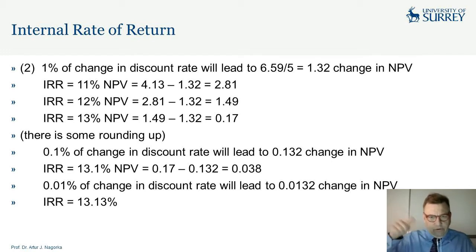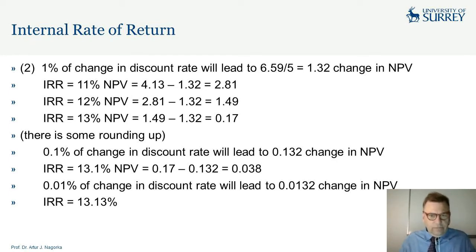From 0.17, we subtract the corresponding 0.132, which leads us to 0.038 of positive NPV. Now we could be even more proper, because 0.01 percentage point of discount rate will lead us to a 0.0132 change in NPV.